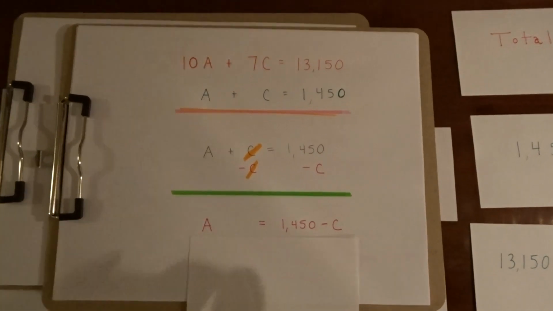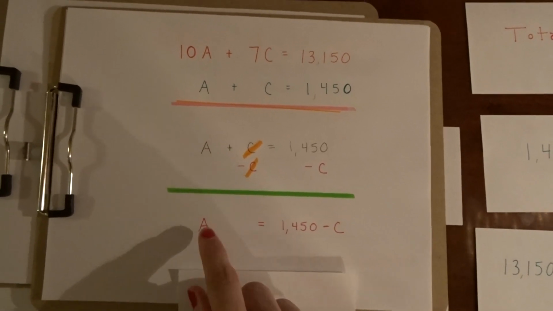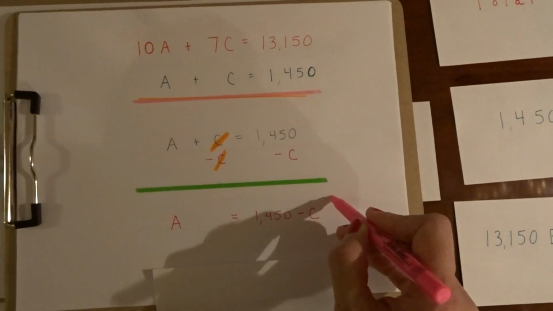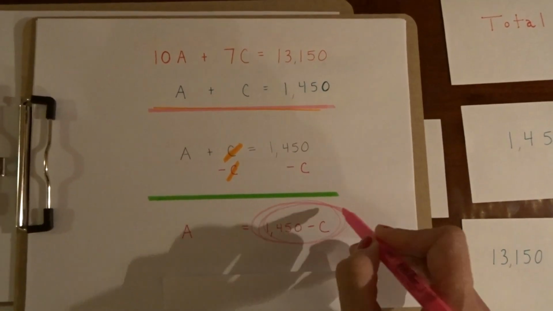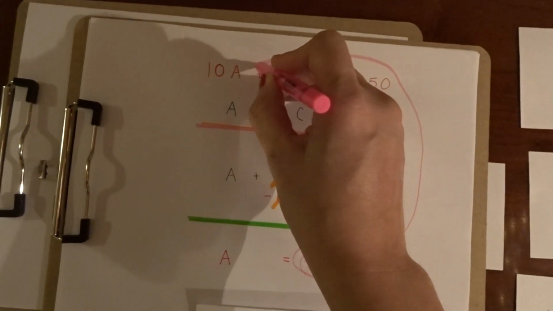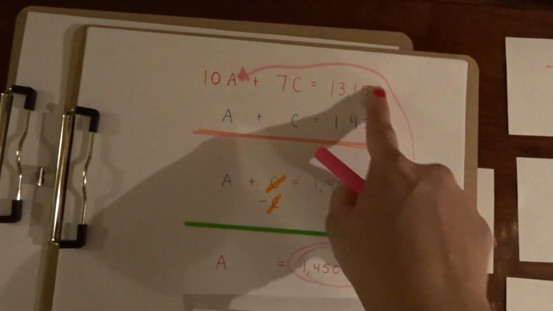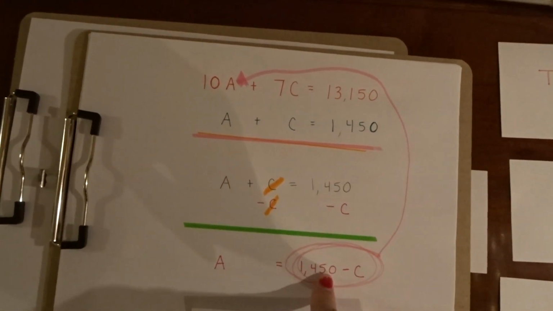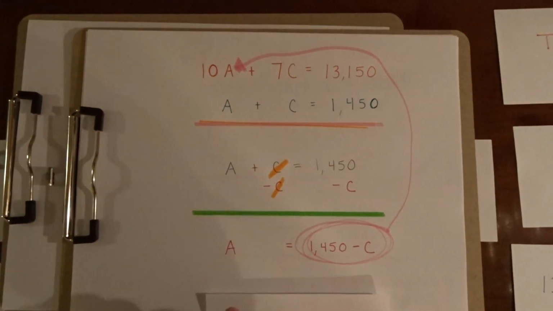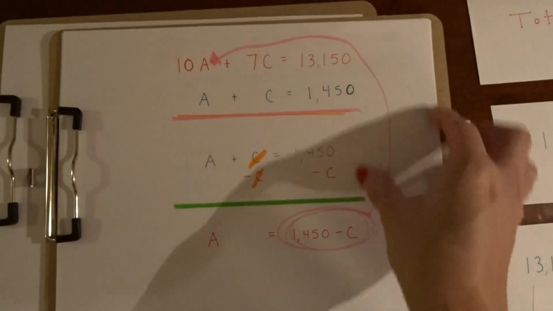So this is perfect because what we can do, after getting a completely by itself, we can take the 1,450 minus c and substitute that in for a up here. So we're going to take this and substitute 1,450 minus c in for a up here in your first equation. So that means we're going to get everything in terms of c. So let's go ahead and do that.